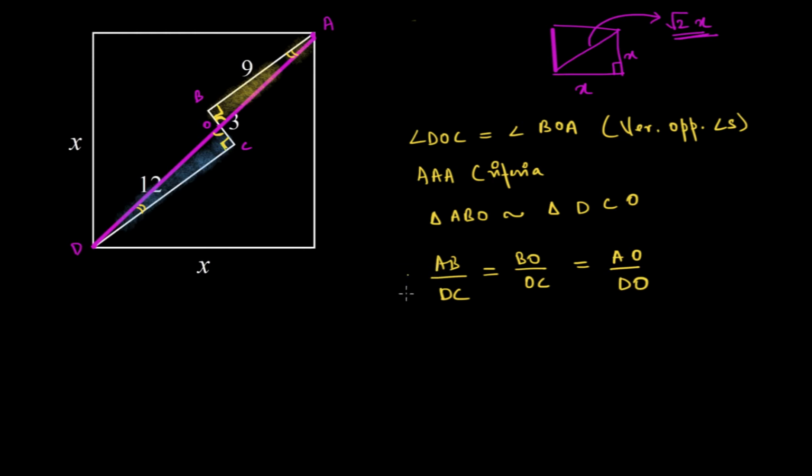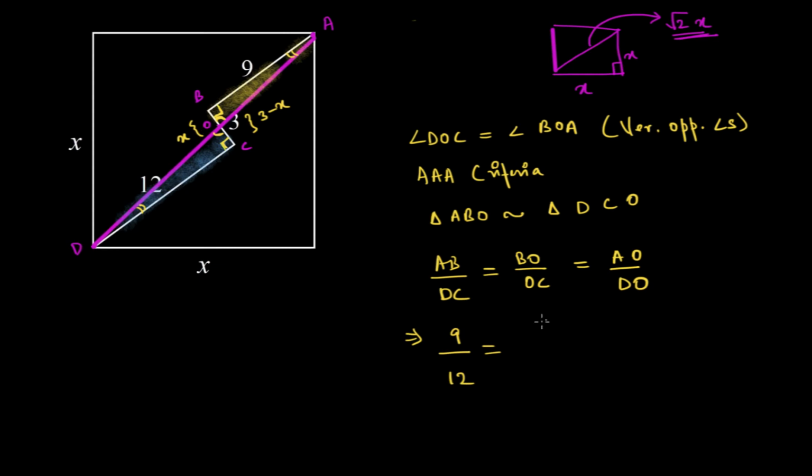Now what's the length of AB? AB is 9 units divided by DC. DC is 12 units, equal to BO. Now I know that this total length is given as 3 units. So let's say that this BO is some x units long. So this OC will be 3 minus x units long.